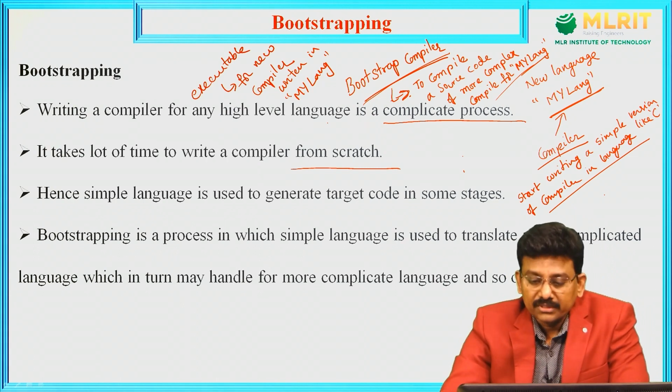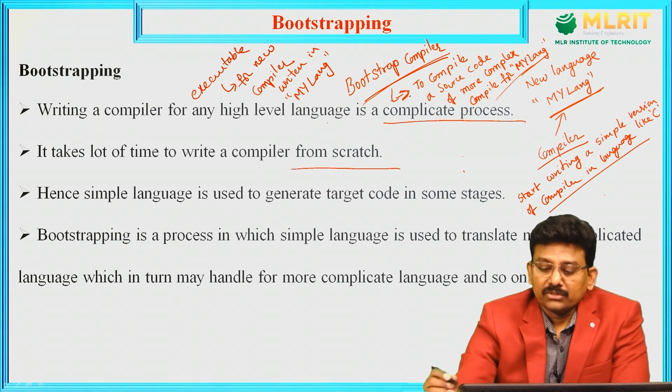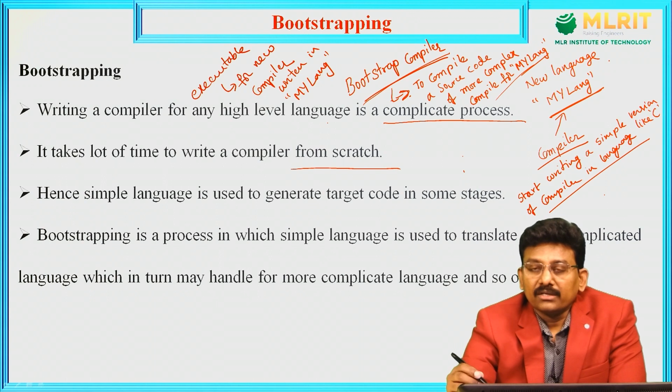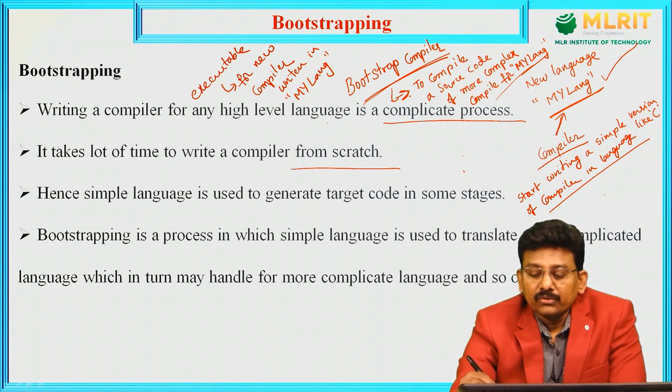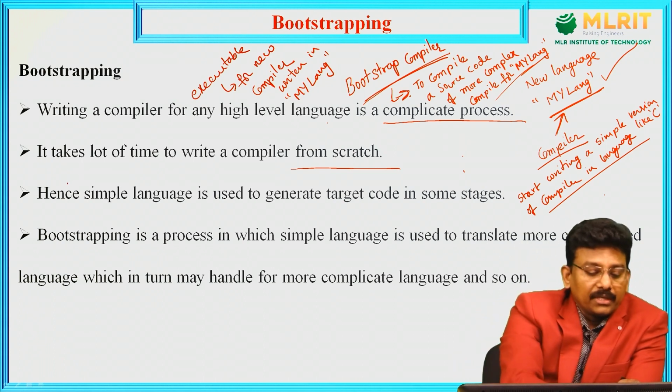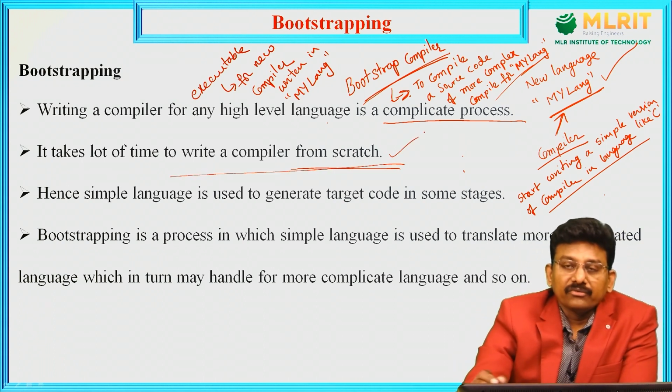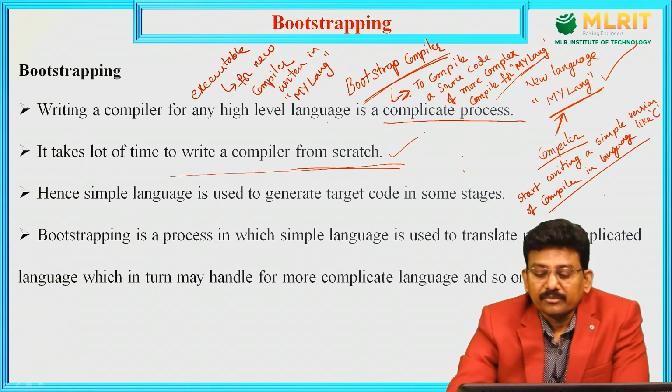I repeat once again. Suppose first you want to create a new language called my language. For that, you need to write a compiler. Writing a compiler from scratch is a difficult and complicated process, so you use a simple, existing language like C. By using C you can write a simple version of the compiler.